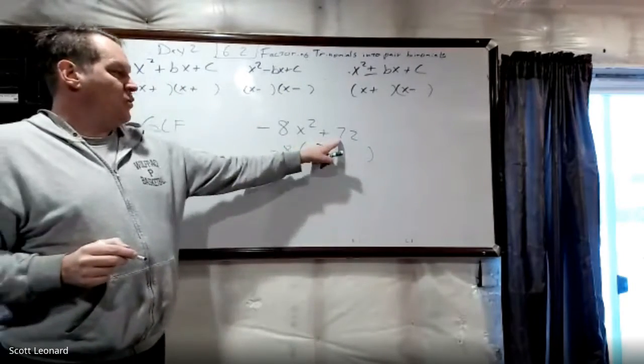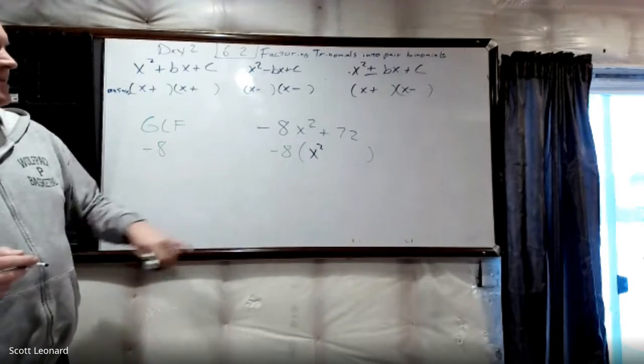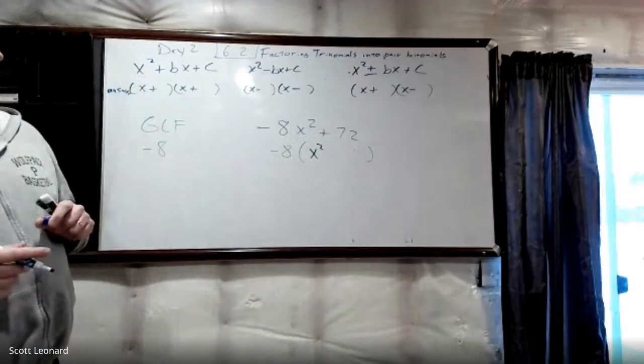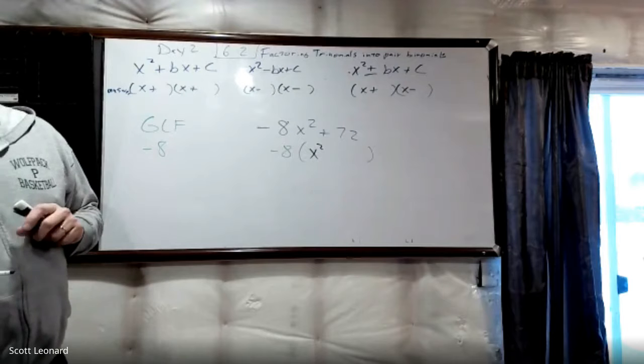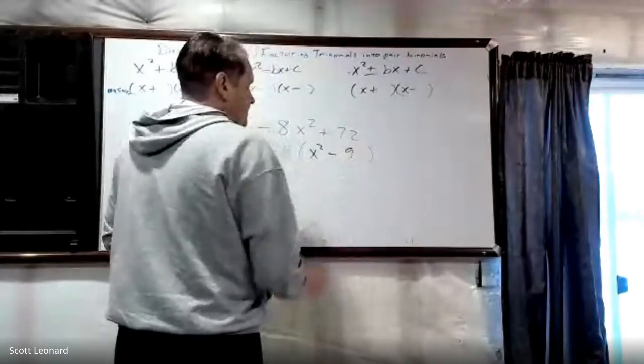Negative 8 times what will give me a positive 72? Be careful with the sign here. Negative 8 times what will give me 72? Positive. All right, it would be negative 9.